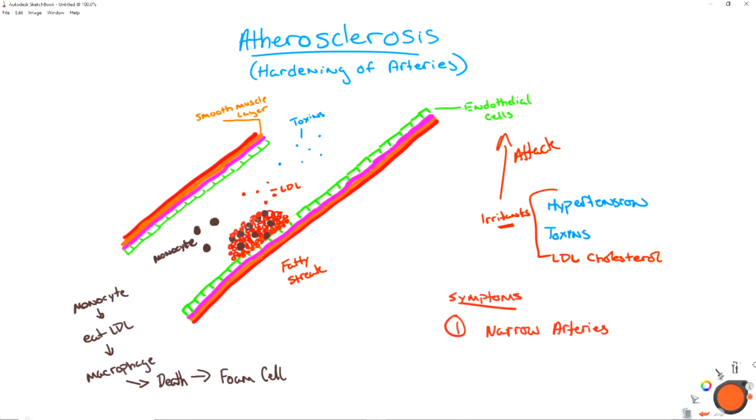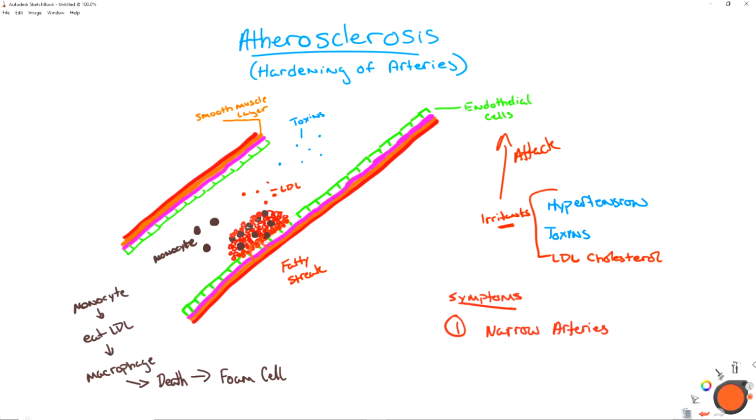And they start coming from the smooth muscle into the buildup of LDL and foam cells, and they start depositing calcium. Okay, they start depositing this calcium within this plaque layer.